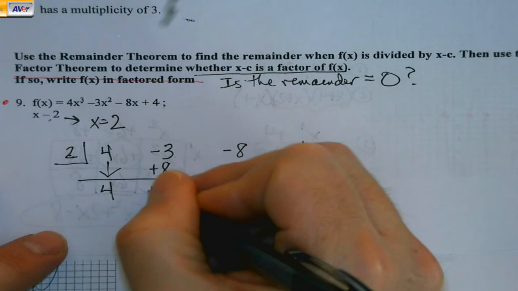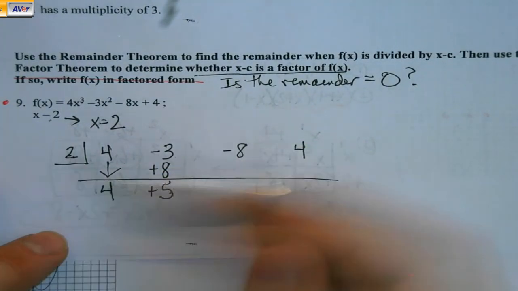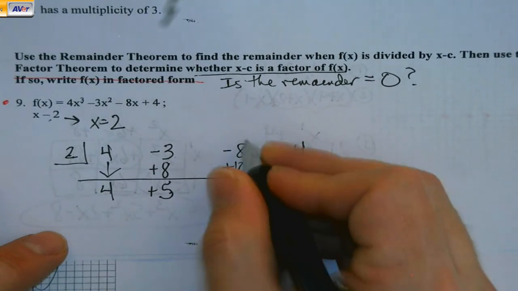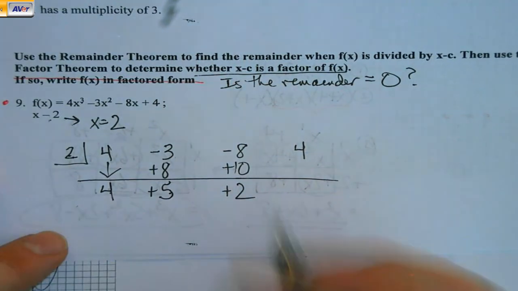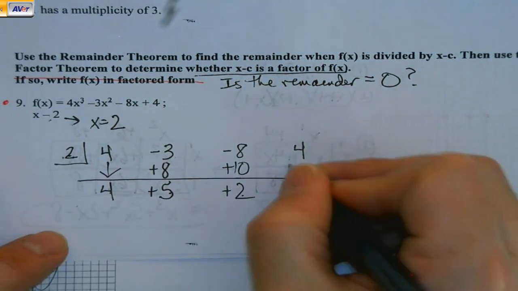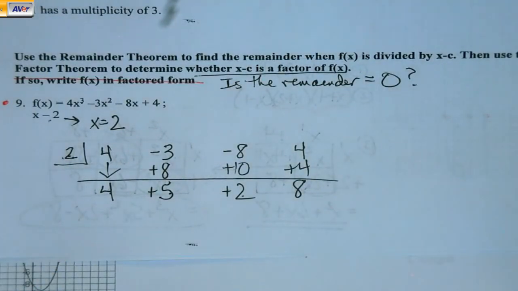Now the process starts. Multiply by what's in the box. Add down. Okay, take that value, multiply it by what's in the box. Add down. And even if it was a negative and it's minus, just think of it as adding a negative. Okay, multiply what's in the box. Add down. So here's what we're getting to.